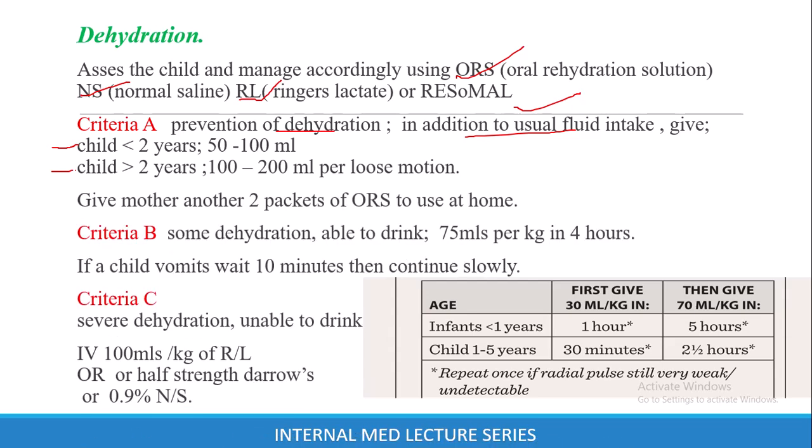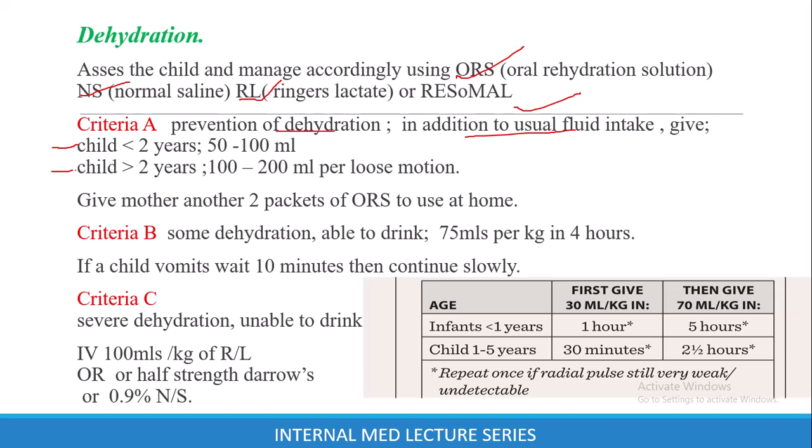Now, for plan B, the individual has some signs of dehydration, like being eager to drink, sunken eyes. So what do you do here? You give 75 ml per kilogram in 4 hours.